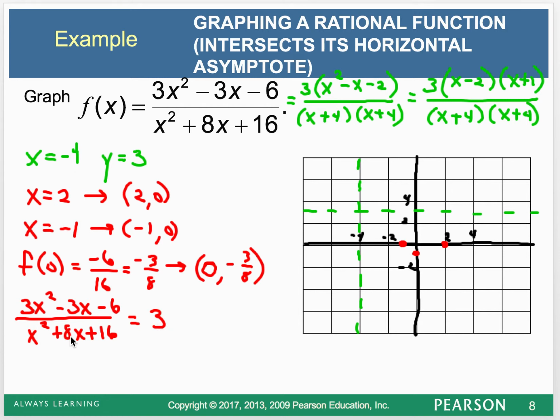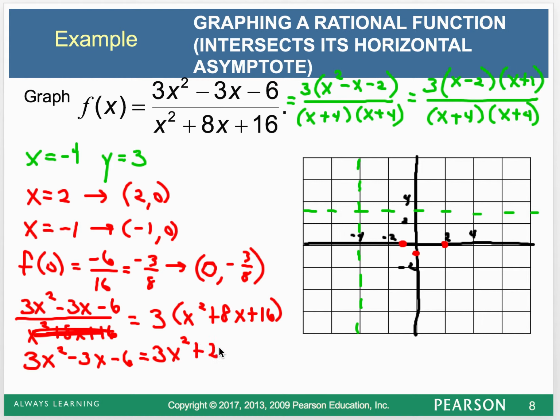And then solve this equation. If I multiply both sides by x squared plus 8x plus 16, it will allow me to cancel it on this side, so that I would have 3x squared minus 3x minus 6 equal 3x squared plus 24x plus 48.